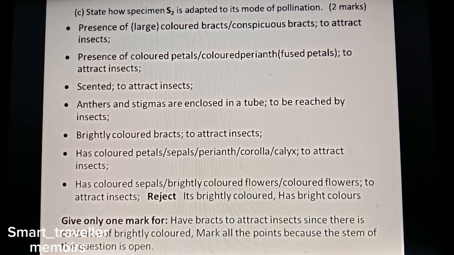Mark all the points because the stem of the question is open. So you mark all the responses, all the points, because the question was open, they had not told you the number of points to give. So it is an open question.